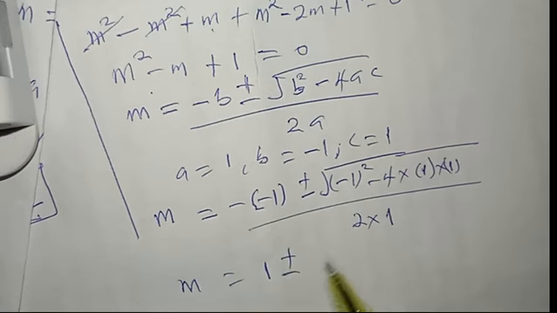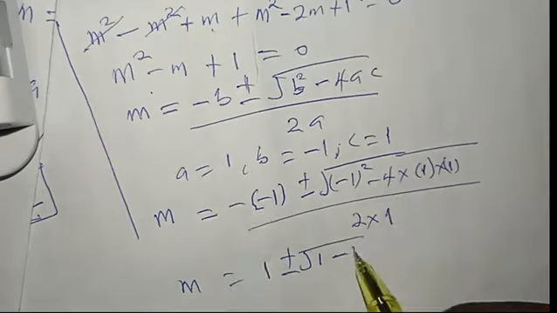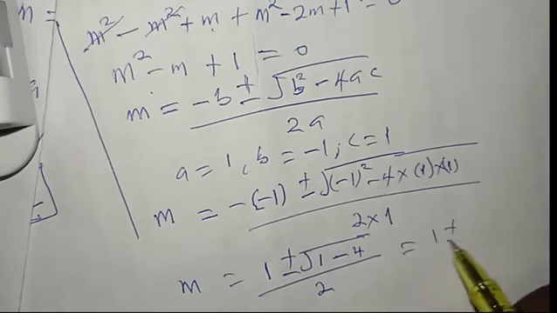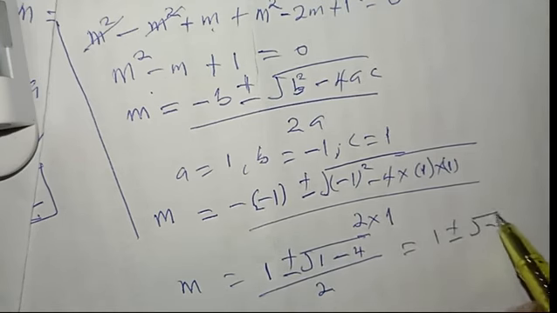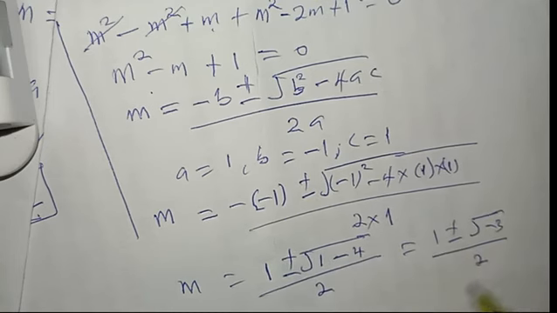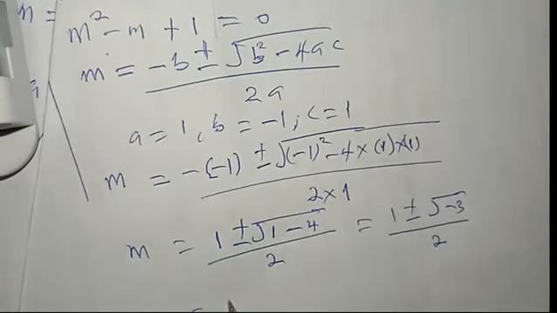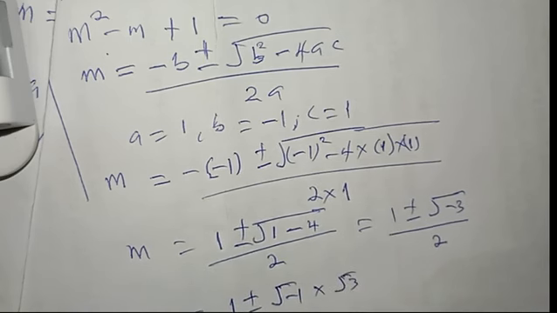Okay, so moving on, what I'm going to be having is m is equal to, this gives me 1 plus or minus the square root of, this is 1 minus 4, okay, divided by 2, and this will be equal to 1 plus or minus the square root of minus 3 divided by 2. Okay, so splitting this square root of negative 3, I'm going to be having plus or minus root minus 1 multiplied by root 3 divided by 2.